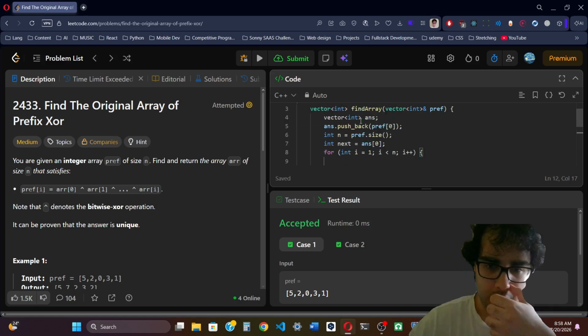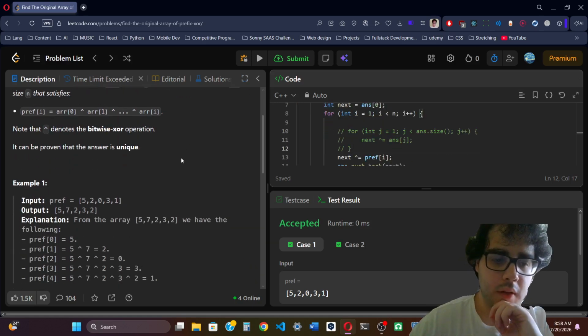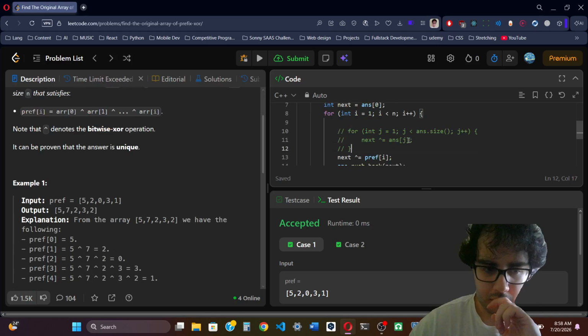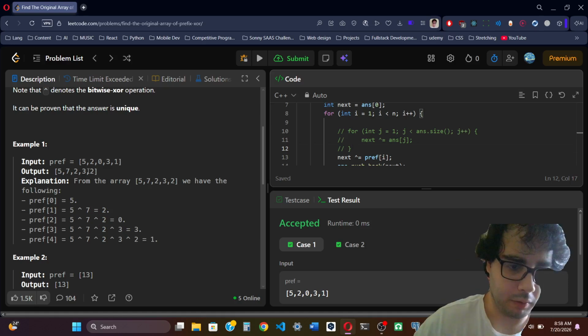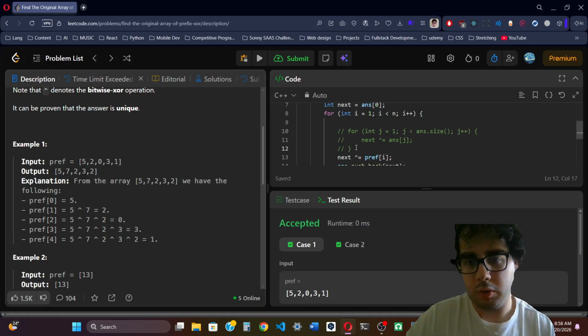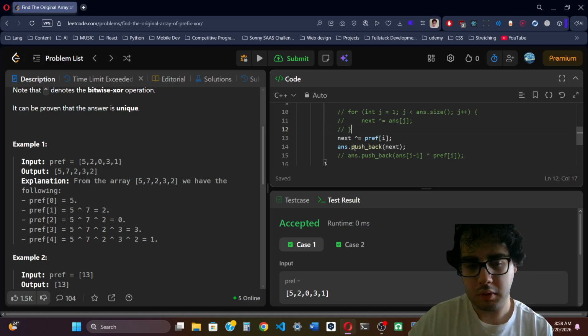What can we do? I think if we just keep the... okay, but how would that work? Because we need 3 and then... okay, hold up a sec. 2, 3, 2. Oh yeah, 2 is here.